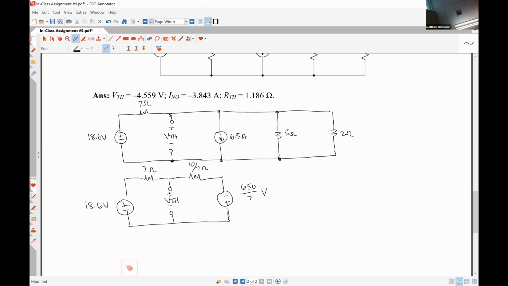So let's start with, did I do the source transformation correctly? Anybody?